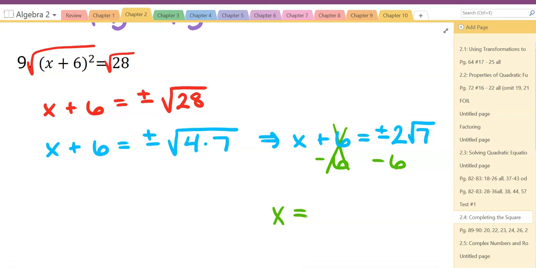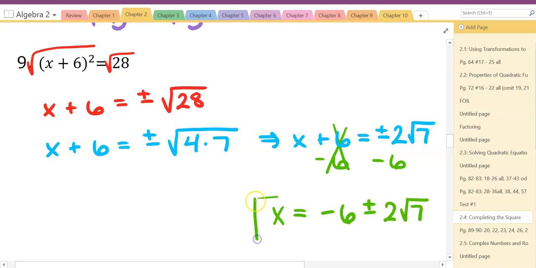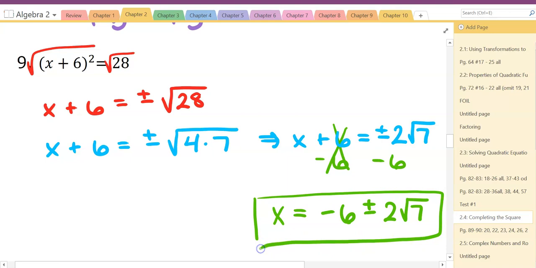So it's just going to say negative 6 plus or minus 2 square root of 7. And you guys can leave that answer there. That is the exact answer. If I actually did 2 radical 7, I'm going to get a weird decimal. And then I have to add it and subtract it with that negative 6. So you would get decimal answers, which isn't wrong either. But it's easier if you guys just leave it here. You don't have to give me those decimals.